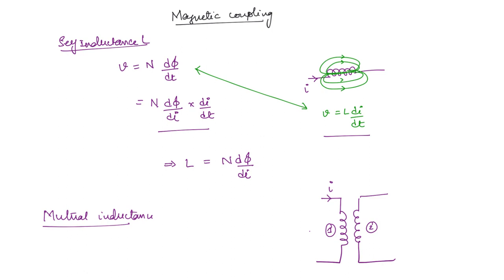But what is going to happen? The current flowing through coil 1 is going to produce a magnetic field which is going to interact with the turns in coil 2. Once this linking happens, there is going to be a voltage produced across the second coil as well. That parameter is what we call the mutual inductance.